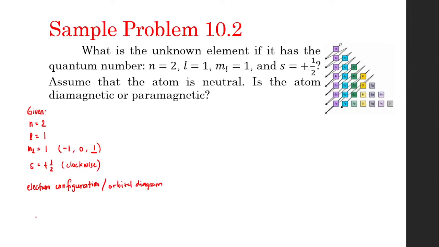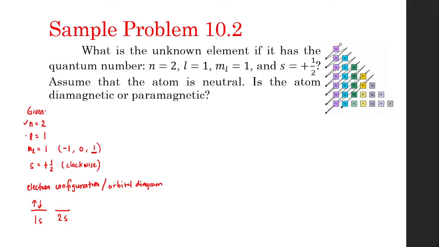Remember, our 1s main energy level of 1 has 1 orbital, so it will have 1, 2. And our next is 2s. So now our principal number is checked. We are at main energy level 2.